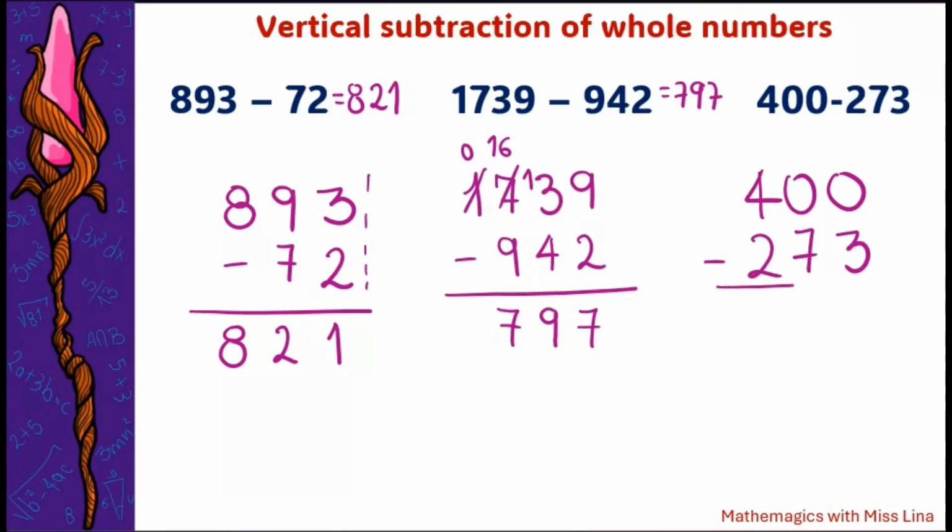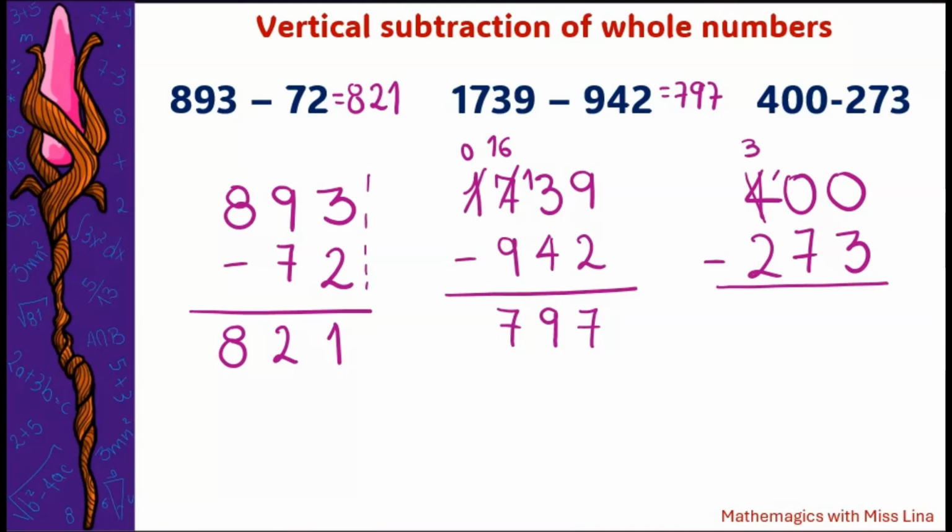Okay, and the last one, 400 minus 273. This one is special because it needs to borrow twice. Let's check, because it's very common that you guys struggle with this kind of exercise. So 0 minus 3 is not possible. We cannot take away 3 from 0. So we need to borrow from the next one. But the next one doesn't have anything because it's also a 0. So what we need to do is to borrow from the next one. So this 4 becomes a 3.